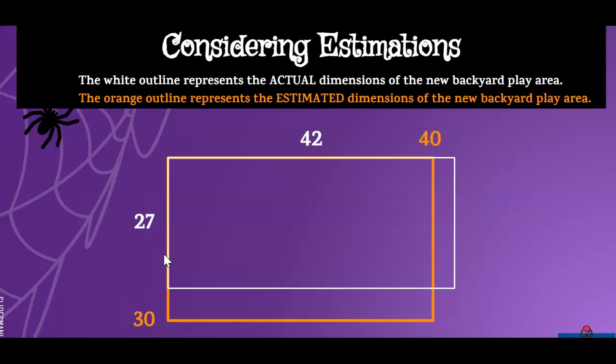And the estimated one for the salesperson would be the 40 times 30. And you'll see these are pretty close. The estimate is reasonable in comparison to the actual answer.